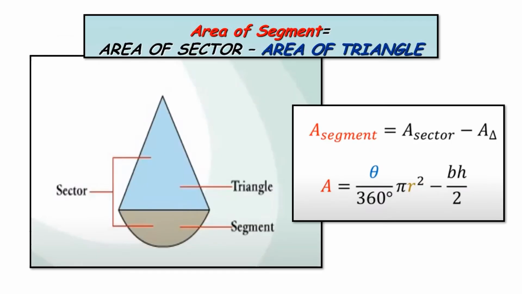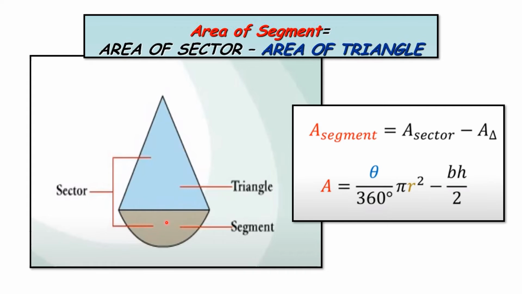Katulad nitong nasa figure, lahat ng kabuuan na ito is the sector. Makakabuo tayo ng triangle, iba't ibang triangle depende dun sa degree na given natin. And the segment, sa pizza, ito yung crust. Ito yung ating kukuhanin ngayon.